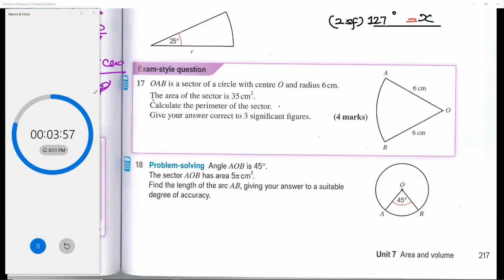So what page are we on in the book? 217. Here we have answers for that one. Yeah, good. And lovely. Lovely jubbly. Okay, I've got answers ready.